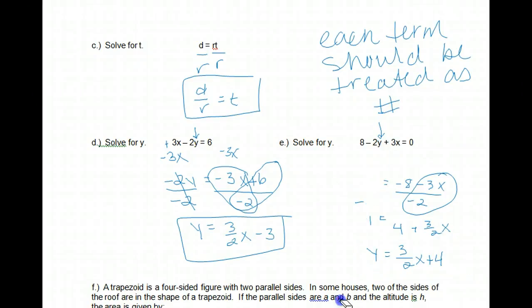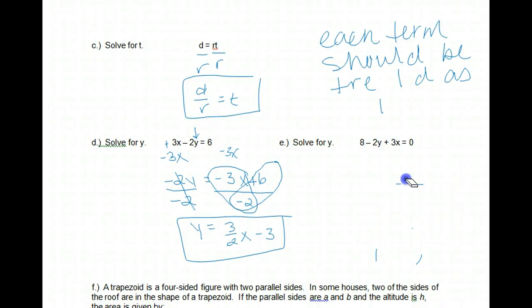Now, some other people may have approached this differently, and I'd like to show you another way to do it. Some people would look at that and say, I have my positive 8 and my 3x on the left, and I just have my one y term and a 0 on this side.